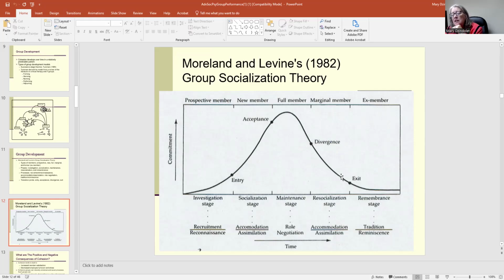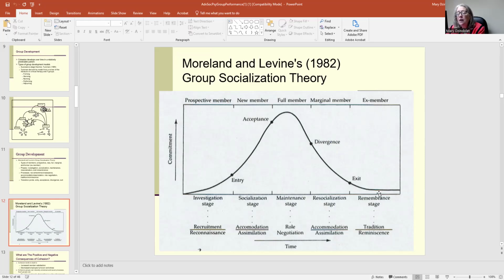During this marginal member period, the member might not be so good at assimilating, and the group isn't as good at accommodating as it might want to be, and the commitment just goes down and down until they decide, I'm out of here, and they exit the group. Now they're a full exit member.